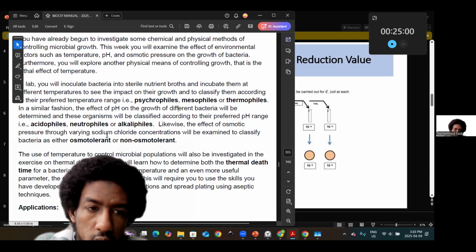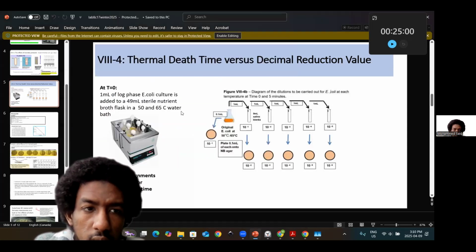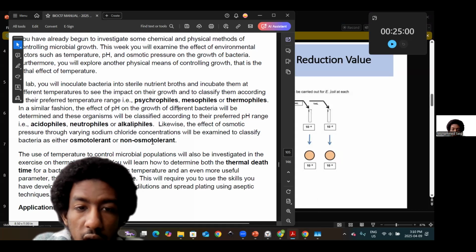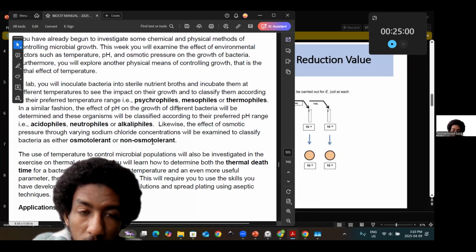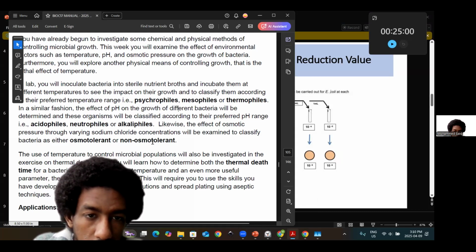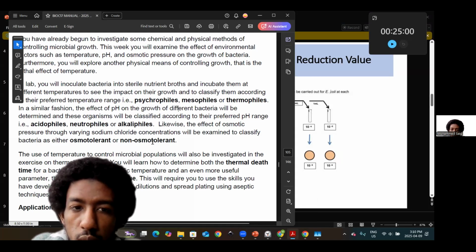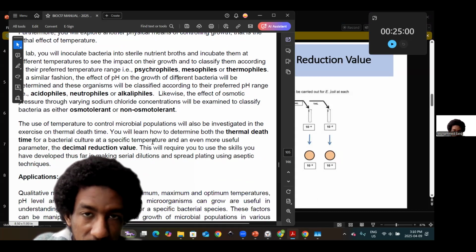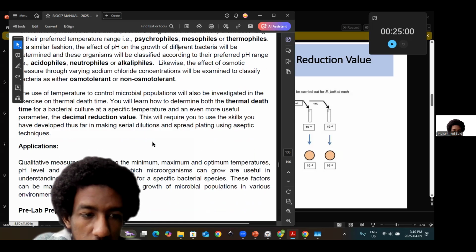And then non-osmotolerant bacteria are essentially bacteria that grow at lower osmotic concentrations. That would indicate that they're more sensitive to increases in osmolarity generally. But nonetheless, you normally assume that if they're not osmotolerant, they grow best with less osmotic pressure from the environment. And so you have that.